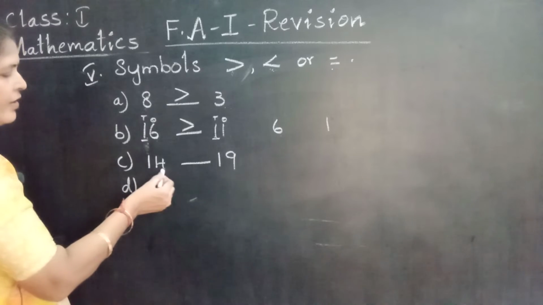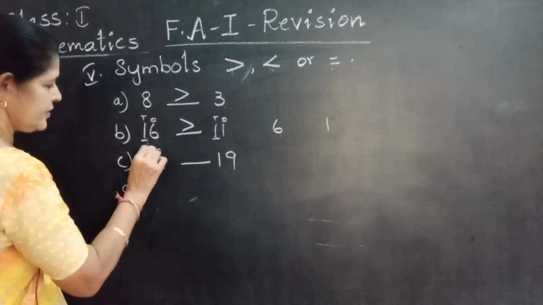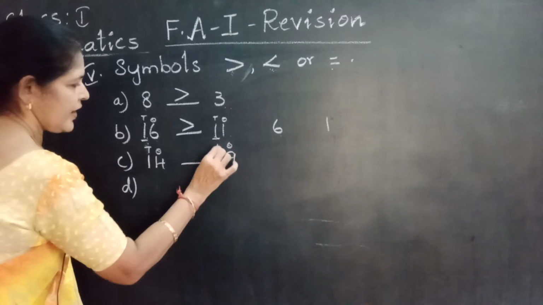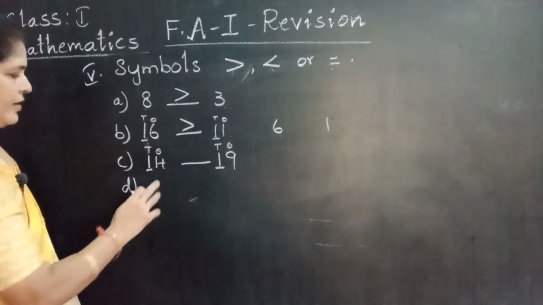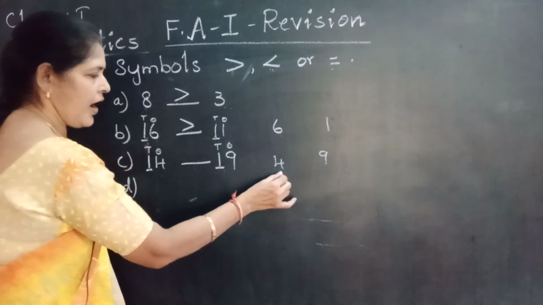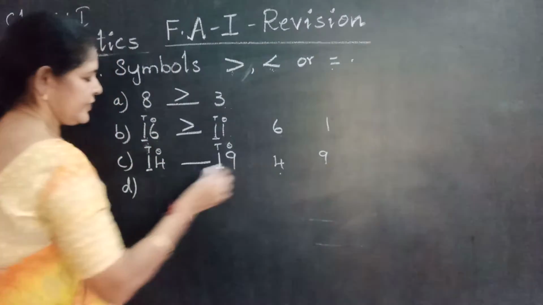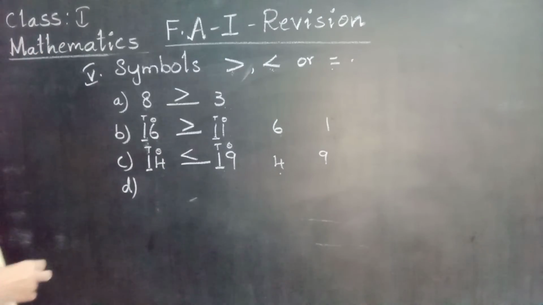Now come to here. 14 and 19. Ones place, tens place. Tens place number 1 is common. Here 4, here 9. 4 is small, 9 is big. That means 14 is less than 19.